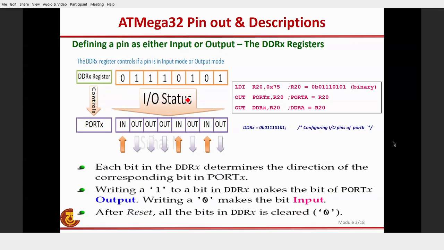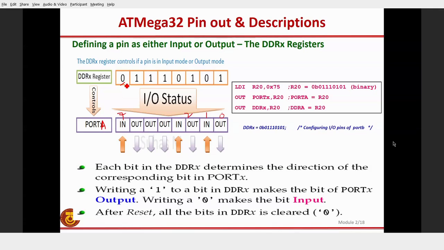So this is how it's been done. Like I mentioned, if we assign 0 to that particular port, it will become an input. For example, if you look at port A, this is port A0, bit 0, bit 1, bit 2, until bit 7.